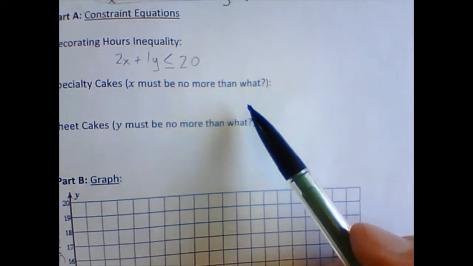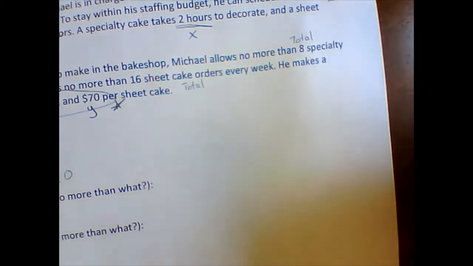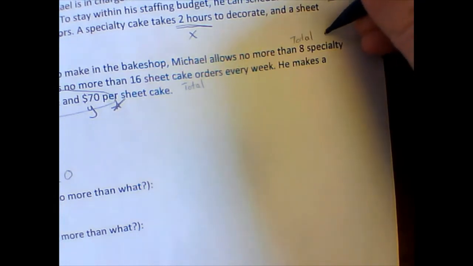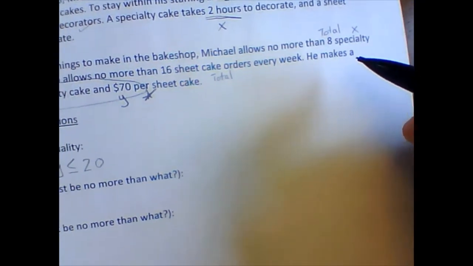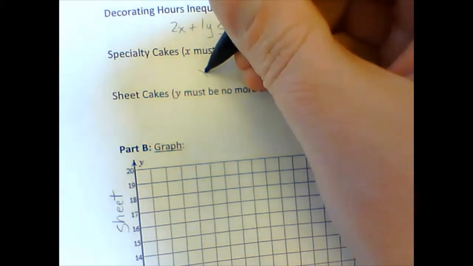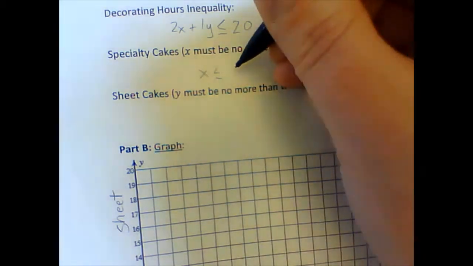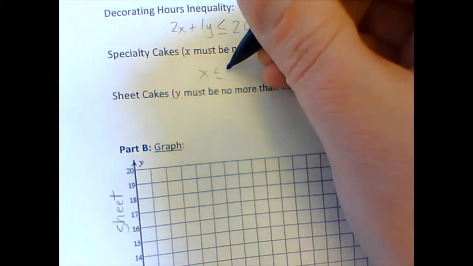That's the X. They have a limit of 8. So again, if you label everything as you go, you never forget who's what. So these specialty cakes, X cannot go over 8 in a week for whatever reason. Maybe there's something else going on in this shop and they don't have the time to spend on it. But X cannot go over 8 for a week.